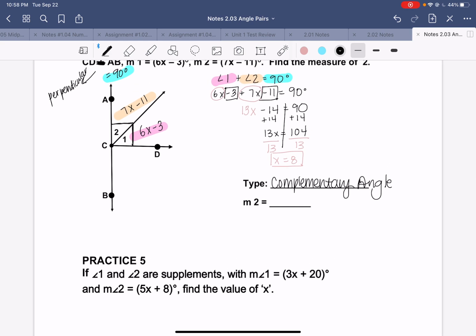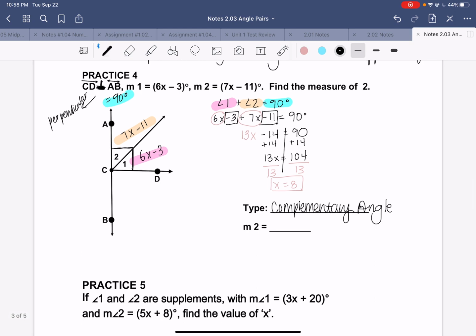All right, so it wants us to find the measure of angle 2. Okay, so I'm going to plug x back into angle 2, which is 7x minus 11. So I have 7 times 8 minus 11. So 7 times 8 is 56 minus 11, which gets us 45 degrees.